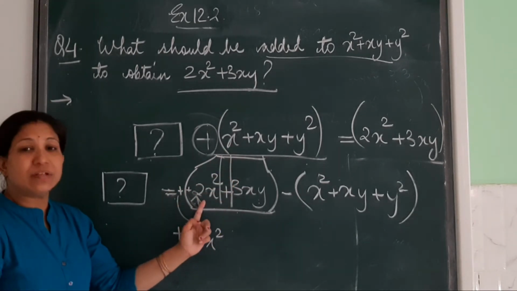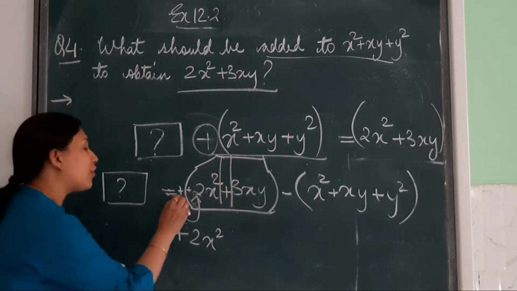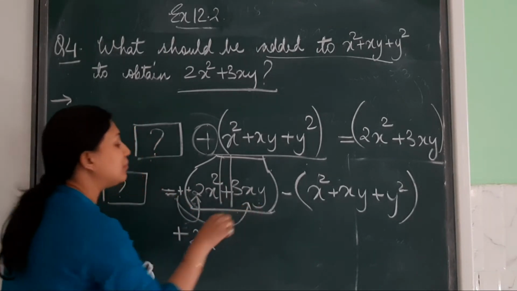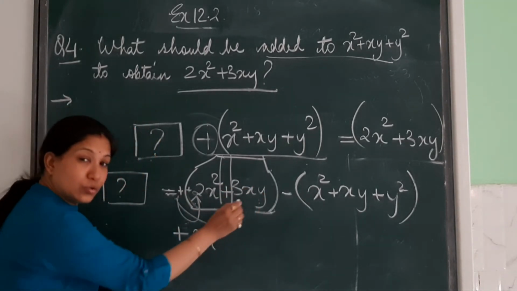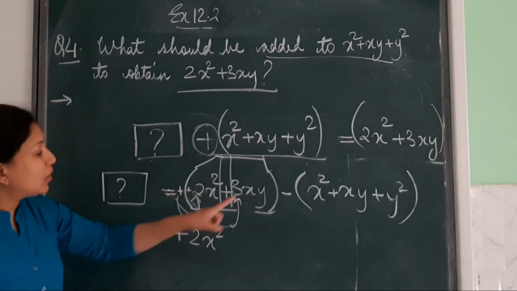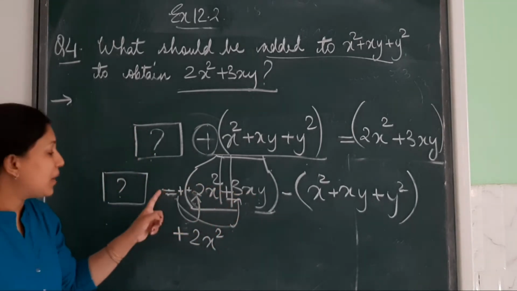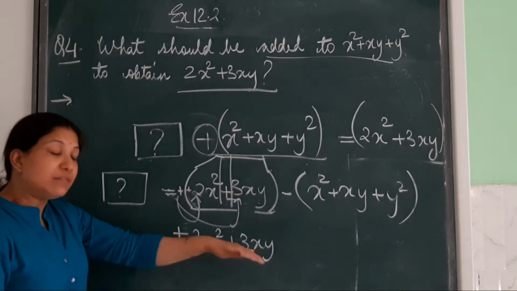Then 2x square will say, you have to meet the other one. Go back, go from the other side and meet 3xy. The plus sign will go to this room and meet the 3xy sign. What is 3xy having? Plus. Plus into plus, plus 3xy. See, it will be the same.